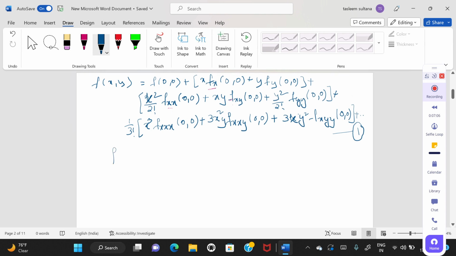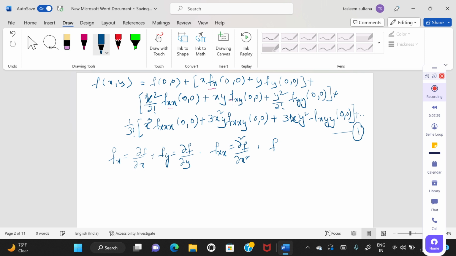Your f suffix x means dou f by dou x, then f suffix y means dou f by dou y, then f suffix x comma x means dou square f by dou x square.